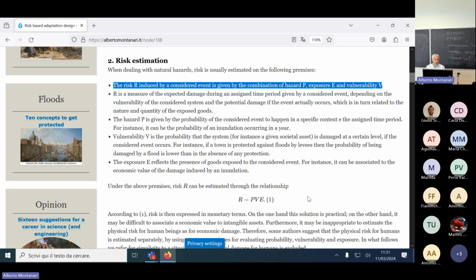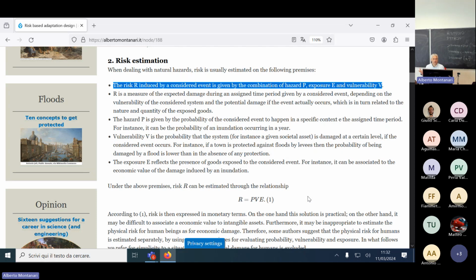If the damage is economic, then risk is expressed in economic terms. If the damage is loss of life, then risk is expressed in the number of lives that are lost. It is very easy to understand then what is risk.